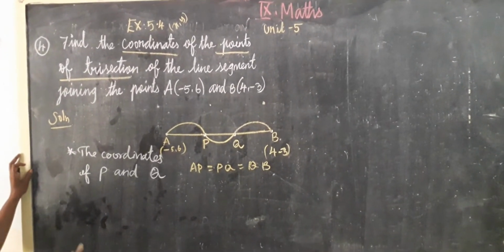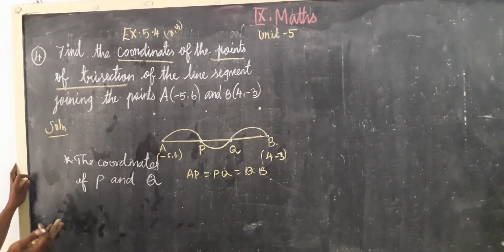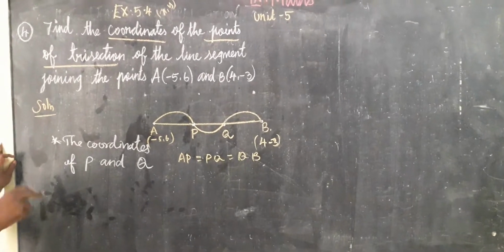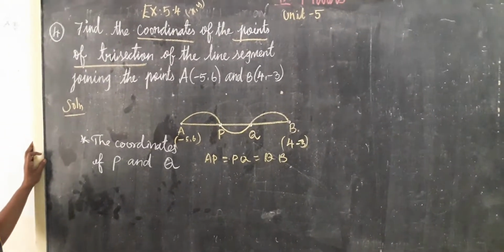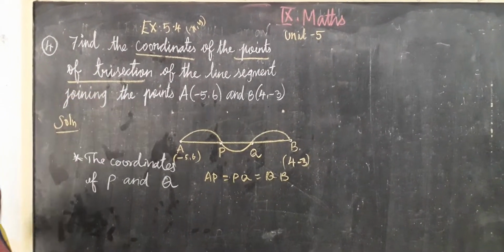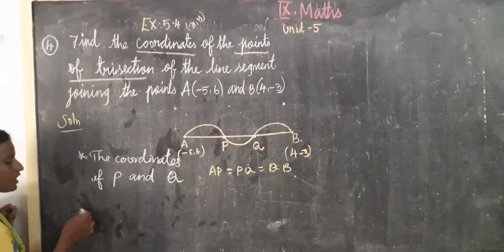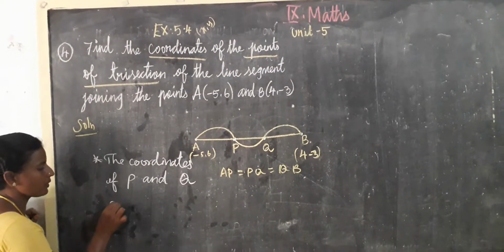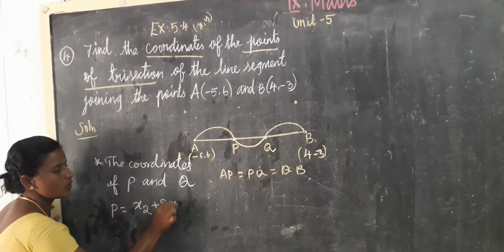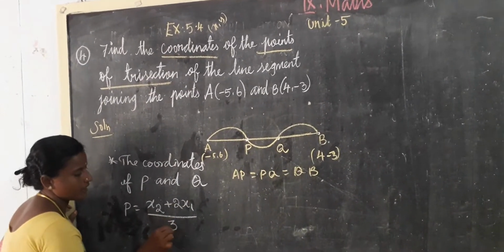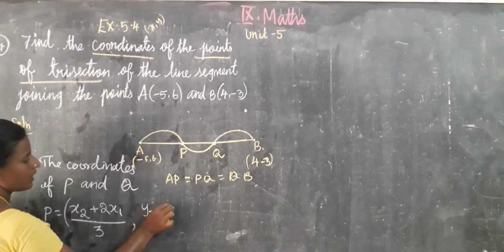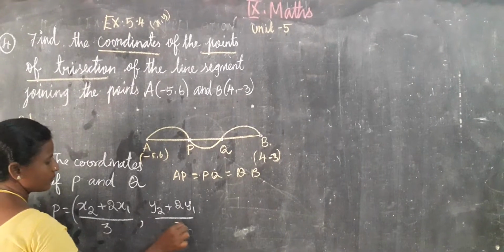In the previous class we studied the midpoint of the line segment and the distance between points. Now in this class we study points of trisection. The formula for point P is x2 plus 2x1 divided by 3, comma y2 plus 2y1 divided by 3.